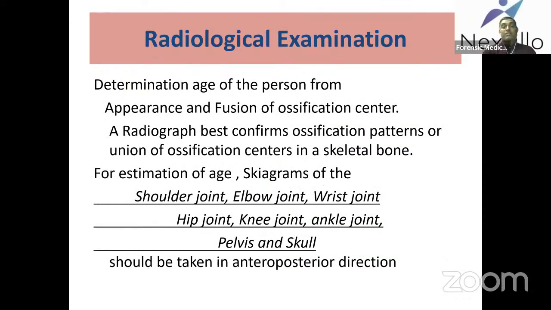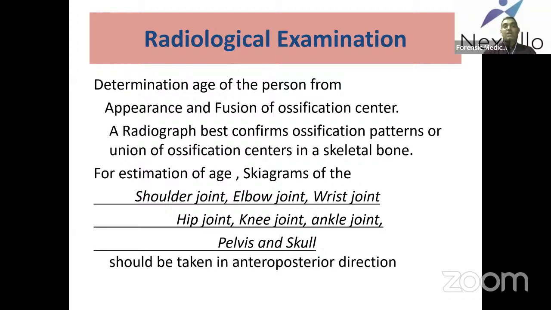That's why the determination of the age of the person is from the appearance and fusion of the ossification centers; a radiograph, an X-ray, confirms the ossification pattern or the union of the ossification centers in the skeleton bones.